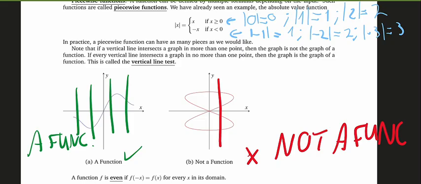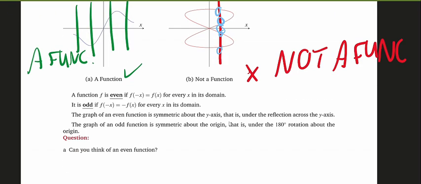If you only hit the graph once, congratulations, that's a function. If you hit it multiple times, like on the right, then that's not a function. As we can see on the right, this little guy gets mapped to multiple y values here, here, here, and here. That's why the vertical line test fails. It skewers the graph in multiple positions.